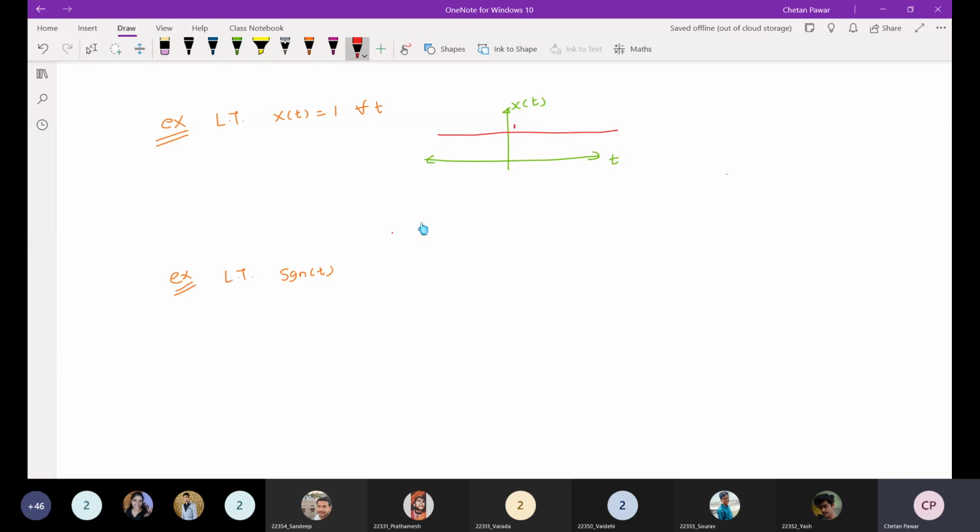Now this is a double-sided signal, a combination of a left-hand side signal and a right-hand side signal.